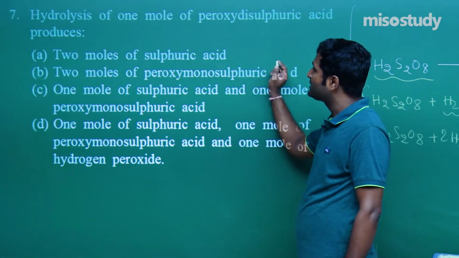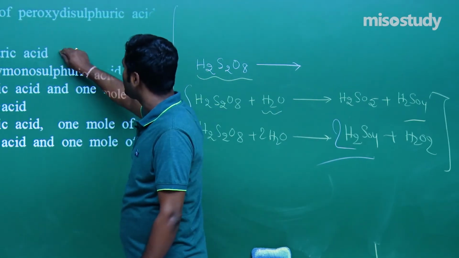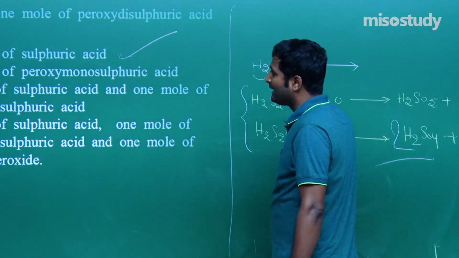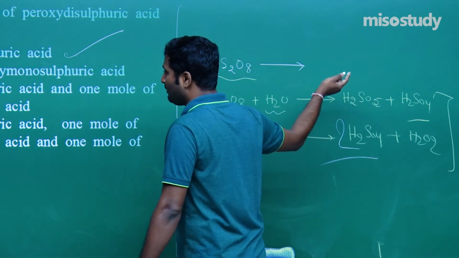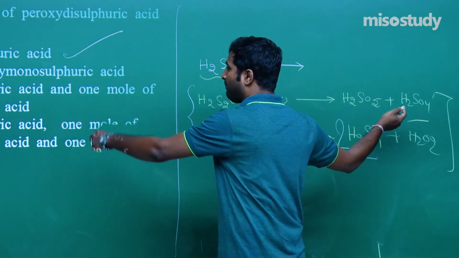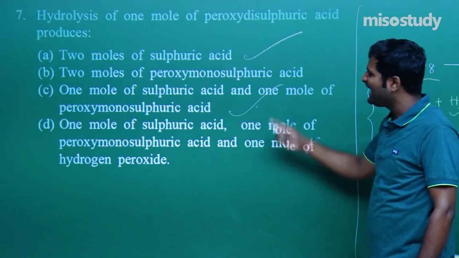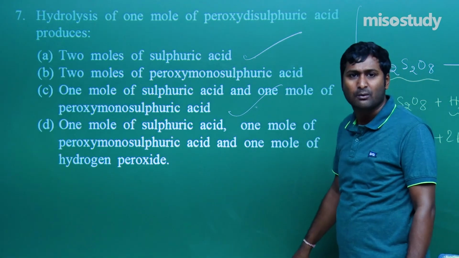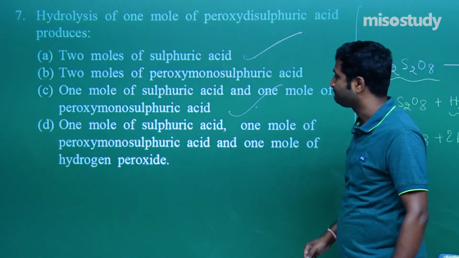For the first case, balancing gives 2 moles of sulfuric acid. The second is 1 mole of sulfuric acid and 1 mole of peroxymonosulfuric acid. So A and C are the correct options. Clear to you, friend? This is a multiple choice question.